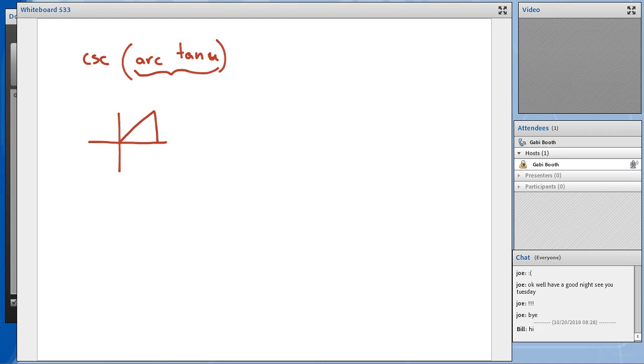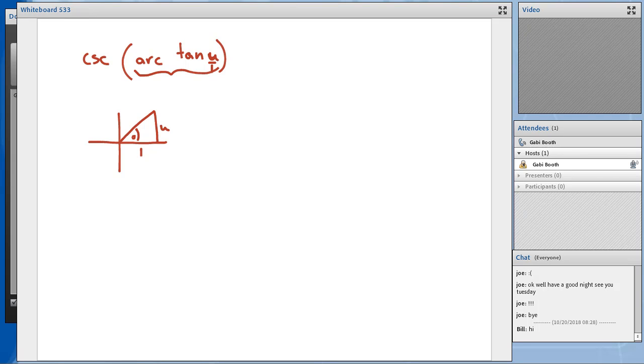Now the tangent is opposite, so this side is opposite u over 1. You can just write inverse tangent of u, and this, if we need it as a fraction, of course, is u over 1. So we need to find the cosecant, which is the reciprocal of the sine function.